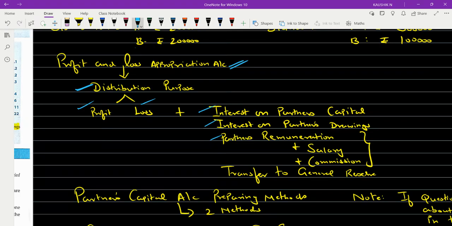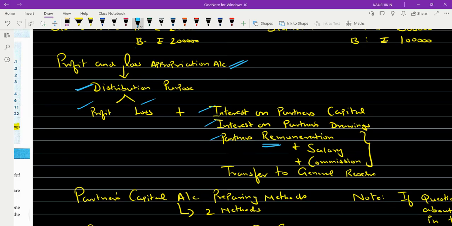So it is not a hard and fast rule that only one should be allowed to a partner. You can allow both salary as well as commission, or only salary, or only commission to a partner. So salary and commission form part of your remuneration.